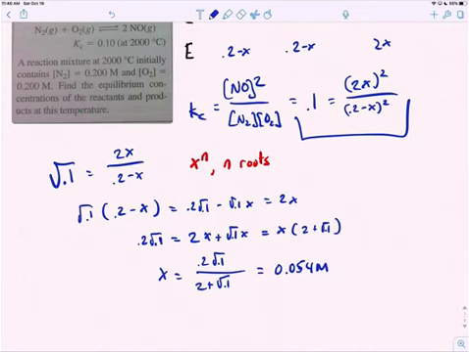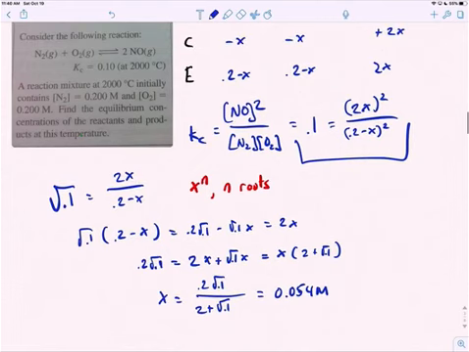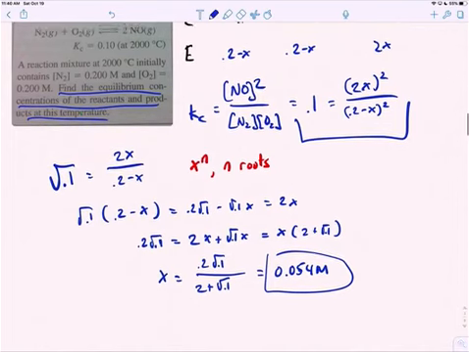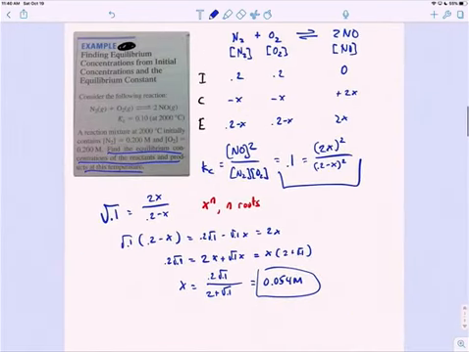Okay. So that's the answer there, and we solved for x, and don't forget, what they're asking for is the equilibrium concentrations of the products and reactants of this mixture, so we have to take this and apply it back up here.